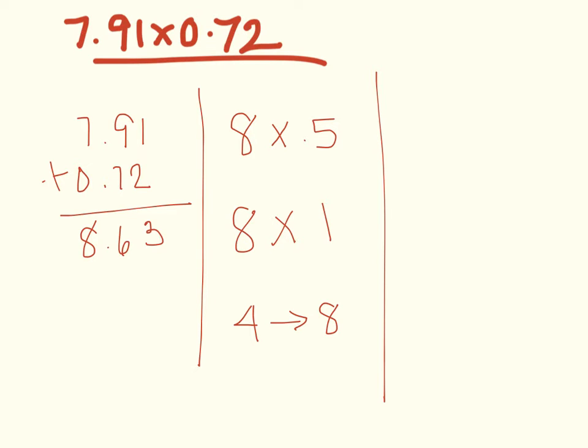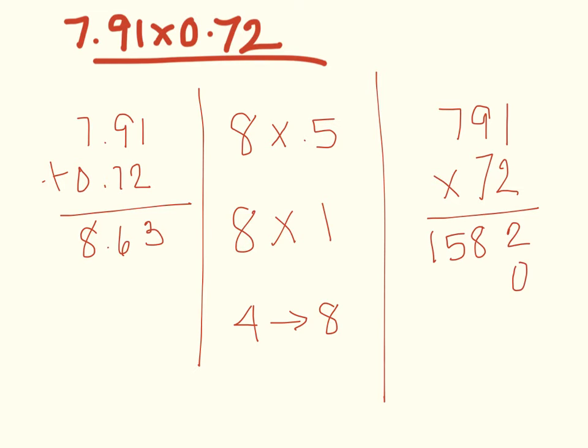Now let's go ahead and multiply without the points, just like you've done for the last couple years. Don't forget to put the 0 there. There we go.